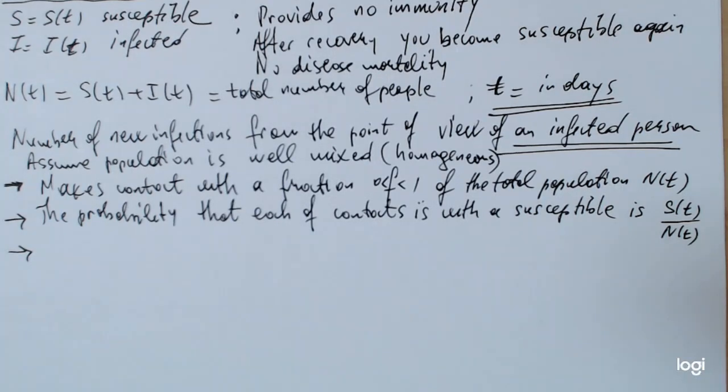Not every contact results in infection. For example, by contact, maybe we mean close enough that the person interacts, like saying hello. Now you can say hello from 10 feet, you can say hello from 1 foot. So not all of these contacts, whatever that means in the context of the disease, are going to be close enough to give a chance for the infection to be transmitted.